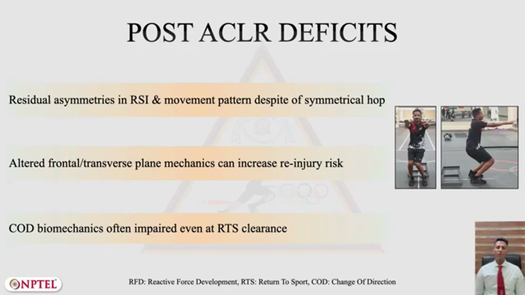Athletes may show reduced knee flexion angles, increased trunk lean, or frontal plane collapse. Altered frontal and transverse plane mechanics place greater strain on the reconstructed ligament and increase the risk of second injury. Therefore, sport clearance based only on strength or hop distance misses these subtle but critical deficits.